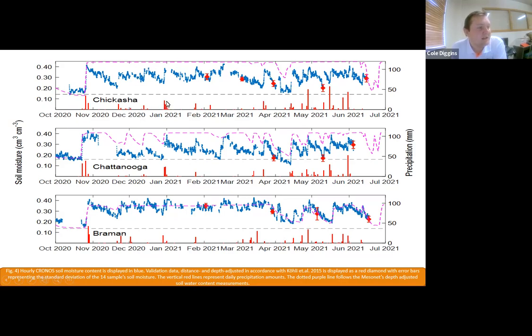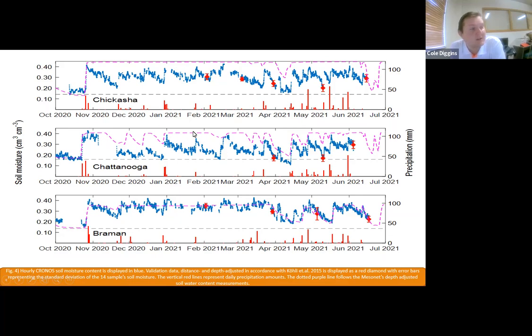The red bar graphs here are precipitation events. These red diamonds are our validation samples, collected in the same way as the calibration sampling like we had talked about. This is the soil moisture that we observed as a ground truth through our soil moisture sampling. These magenta lines are what the Oklahoma Mesonet was predicting soil moisture to be.